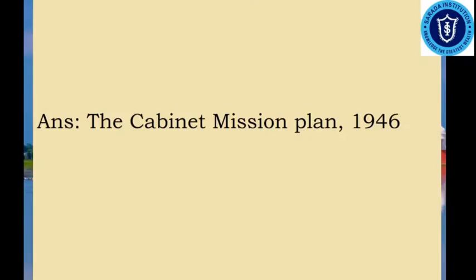Under this conclusion, they gave several recommendations, and one of them was the setting up of a Constituent Assembly for framing the Constitution of India. So, the Constituent Assembly was set up under which plan? The answer is the Cabinet Mission Plan 1946. Obvious question. Next question.